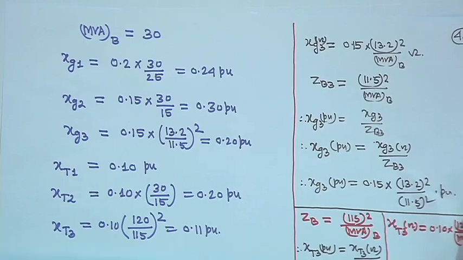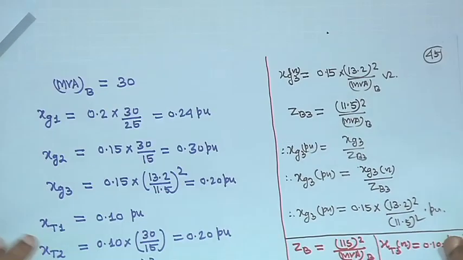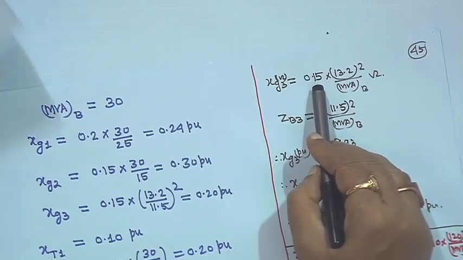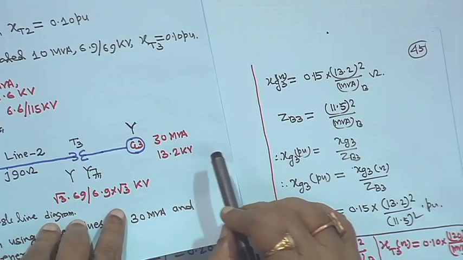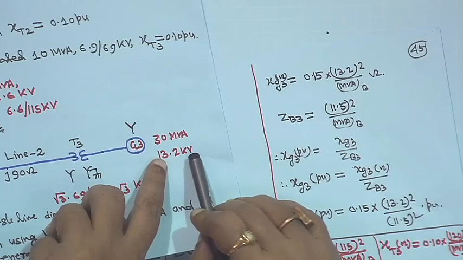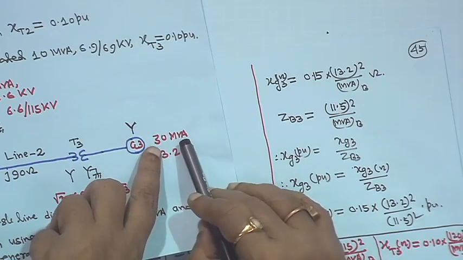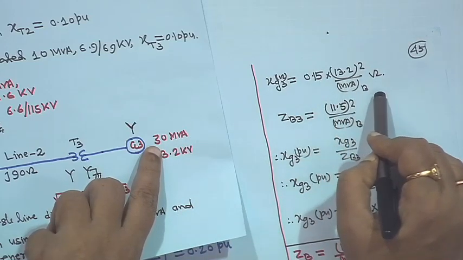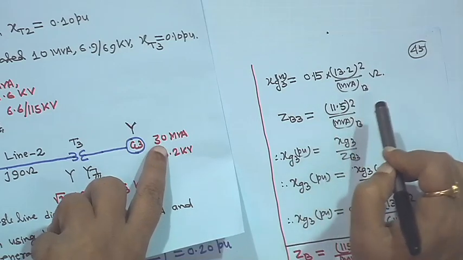The generator impedance is given as 0.15 per unit for generator 3. Its own rating or own base is 13.2 kV and 30 MVA. So 0.15 into 13.2 squared upon 11.5 squared, with the MVA base of the generator at 30 MVA and the MVA base also 30 MVA.